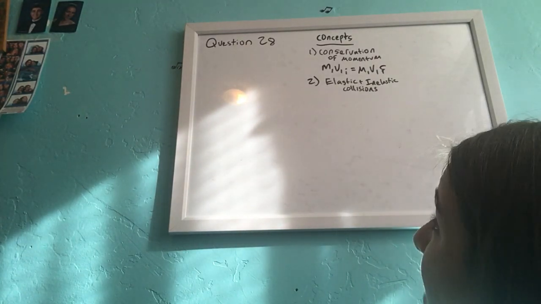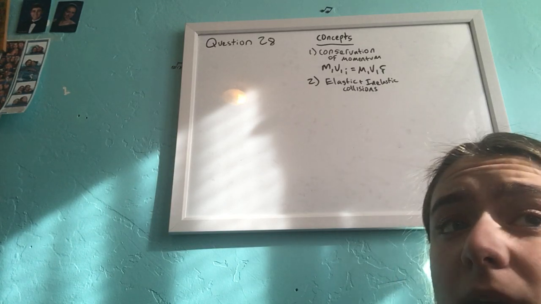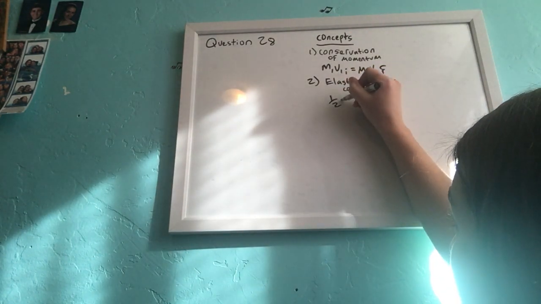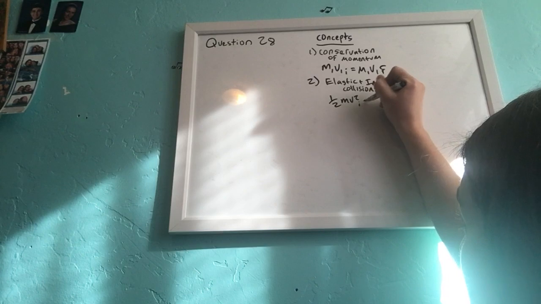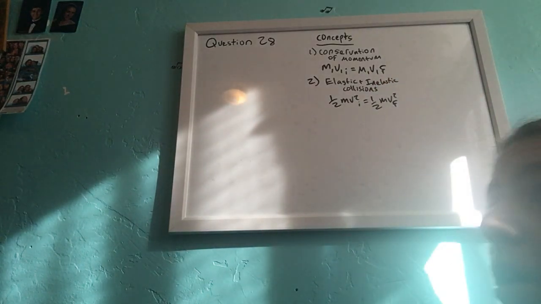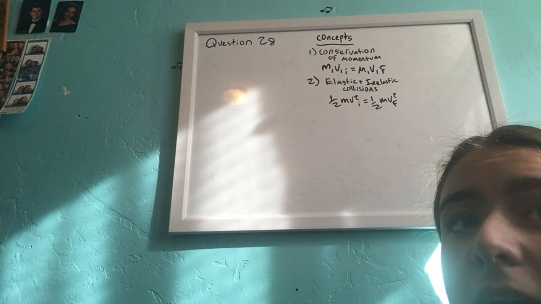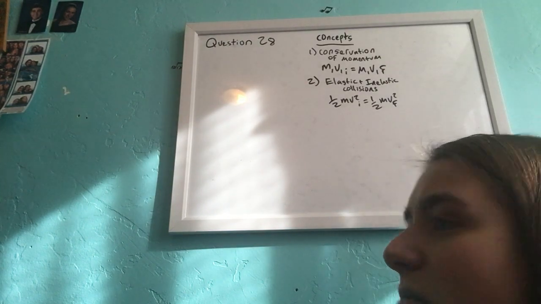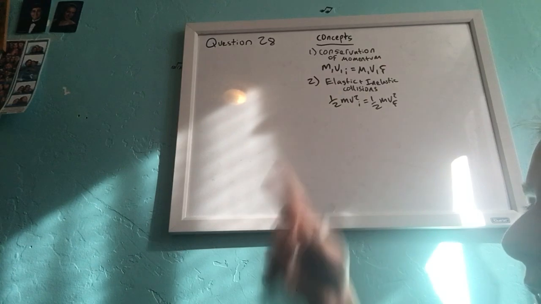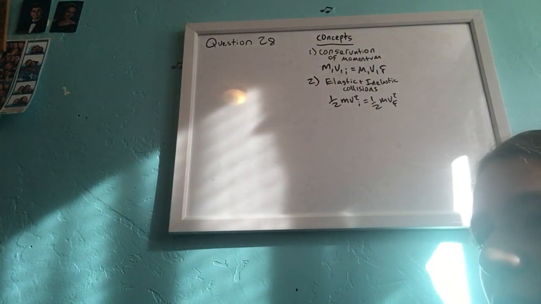But for elastic collisions, both momentum and kinetic energy are conserved. So we can say 1/2 mv squared initial will be equal to 1/2 mv squared final. And elastic collisions don't really happen. It's very unlikely for the kinetic energy to be conserved in a collision.